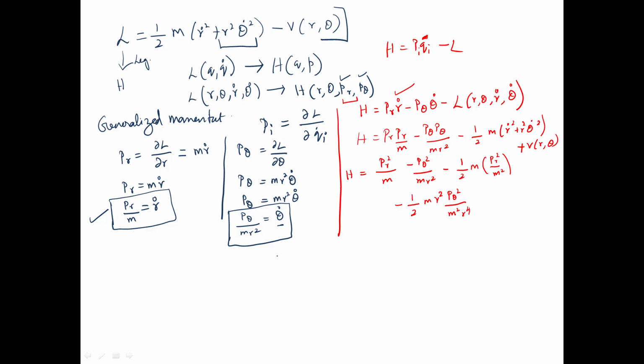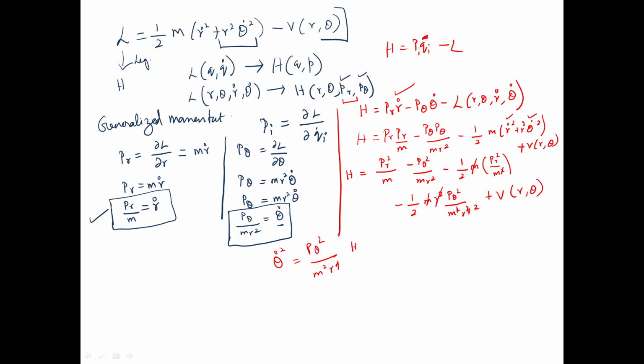We also have the potential V, which depends on the given potential. Now we can cancel some common terms: the m square, and r to the power 4 becomes r square.